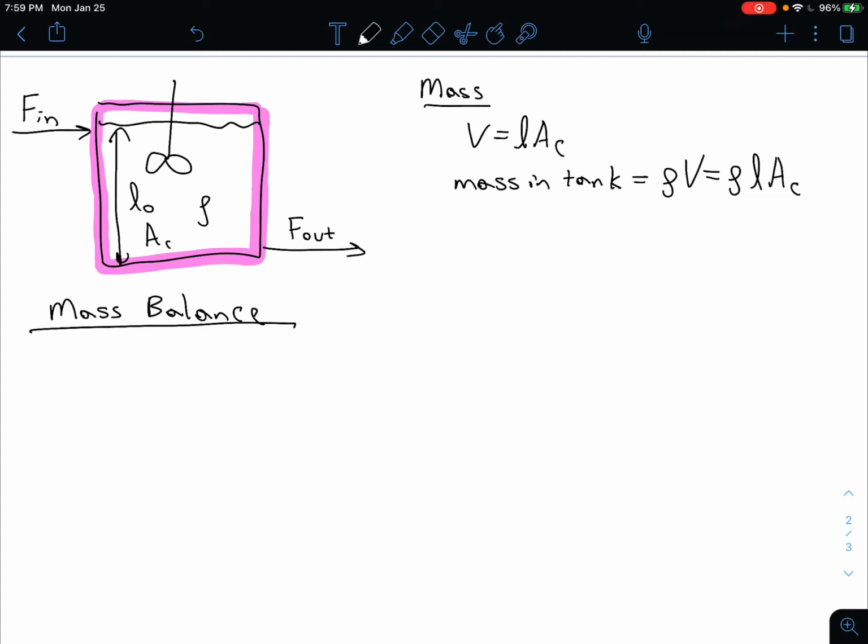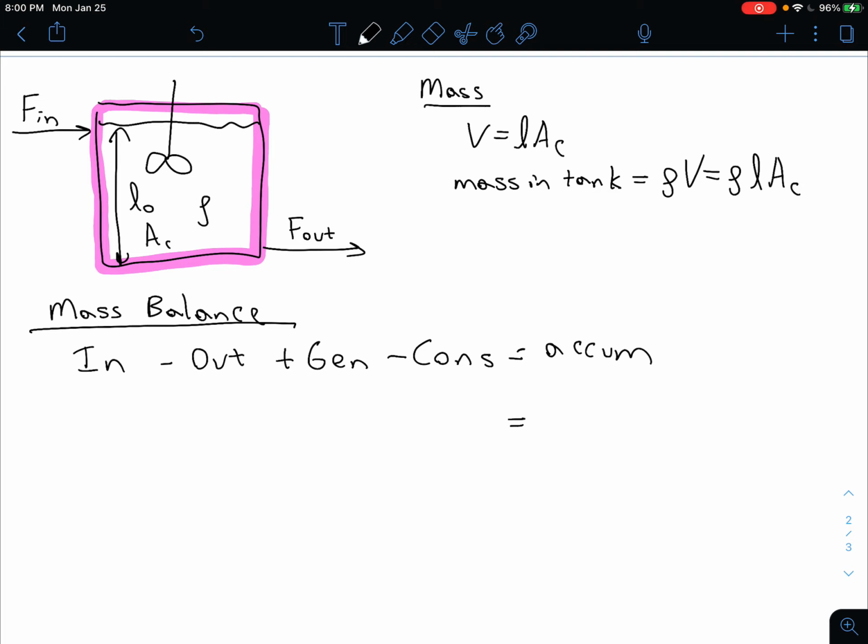If density changes, then volume, strictly speaking, is not conserved. So I'm going to say input minus output plus generation minus consumption equals accumulation. And I'm also looking over an interval of time delta t.